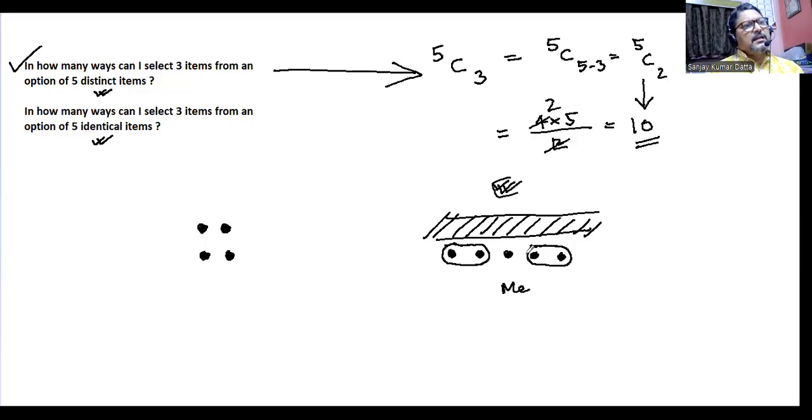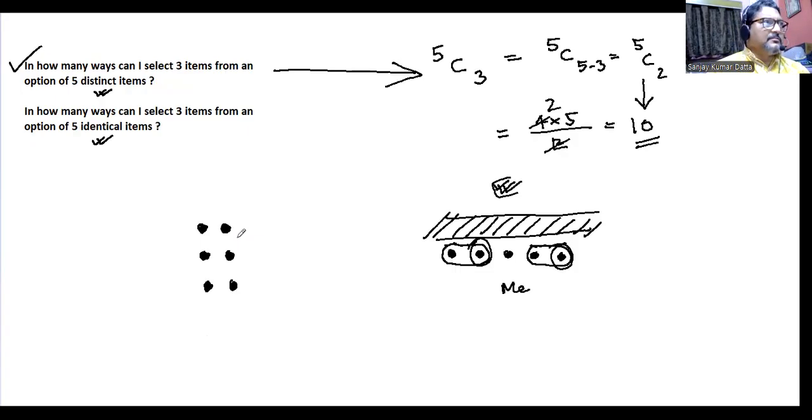Even though they are distinct, I can see that. Because in the first case, I had selected the first and second ball. And in this case, I have selected the third and fourth ball. Had I selected this ball and this ball, say the second and the fifth ball, and showed them to you, you would still have seen these two balls like this, and you would have thought that I am showing you the same two balls as before.